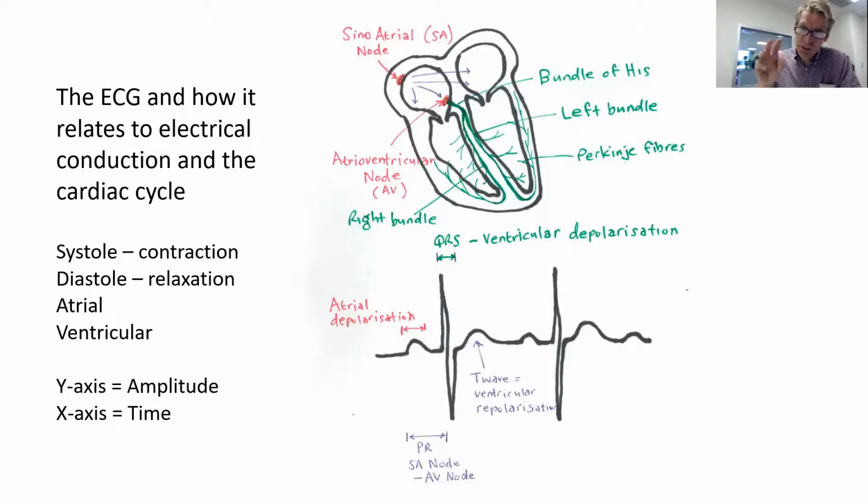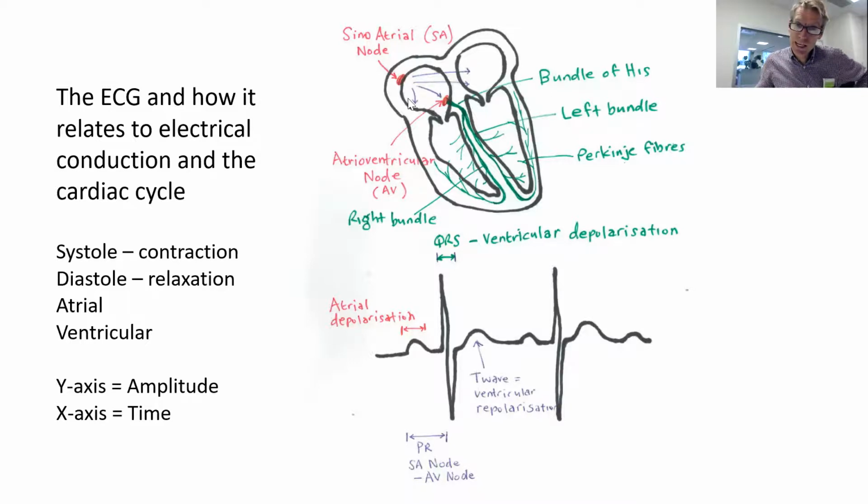So this diagram, maybe it doesn't explain it very well, but I want to try to explain why an ECG looks like it does and what it is telling us. So I'm going to go through the electrical conduction system of the heart. The electrical impulses start at the sinoatrial node, which is in the right atrium.